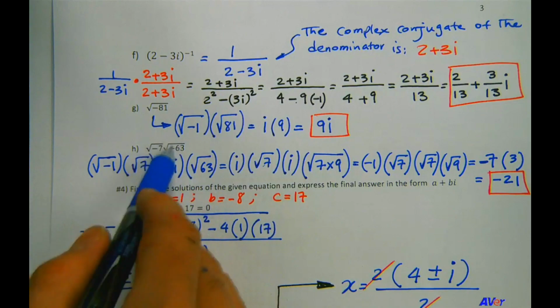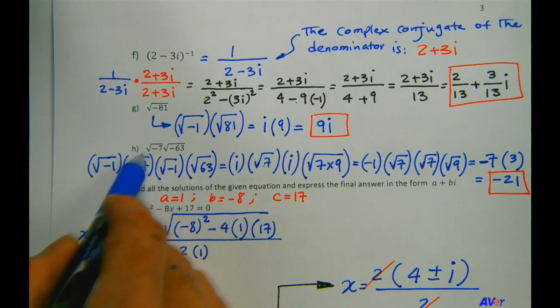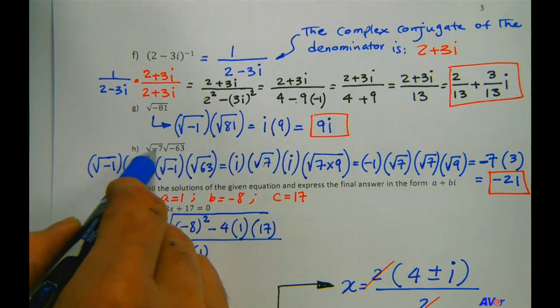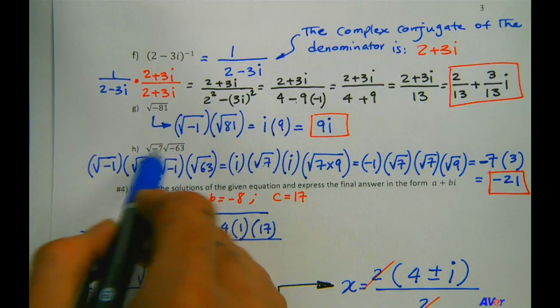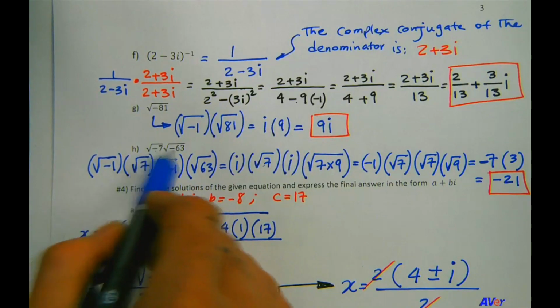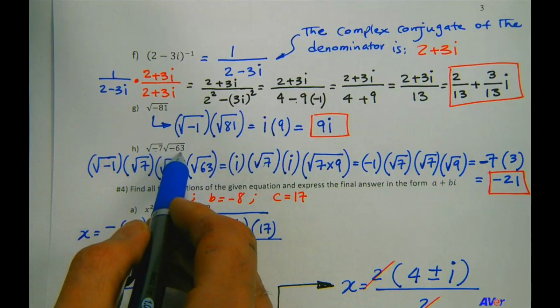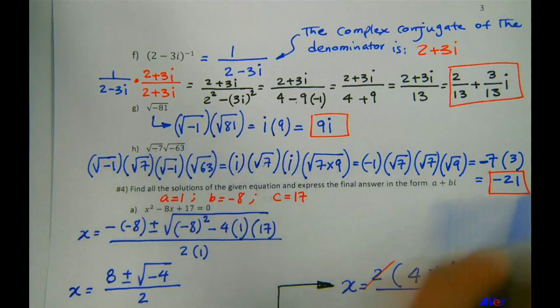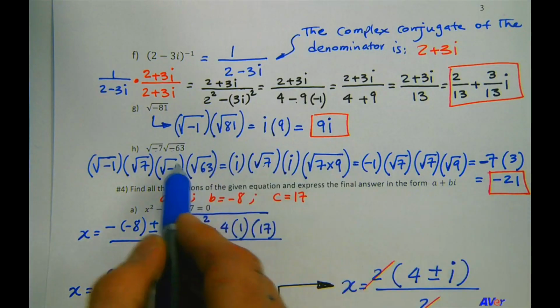When you have a complex number, and this is clearly a complex number because you're taking the even root of a negative number, you cannot multiply the negative numbers in the roots and say positive 7 times 63, and then that is equal to positive 21. You would end up with a different answer, right, if you did that.